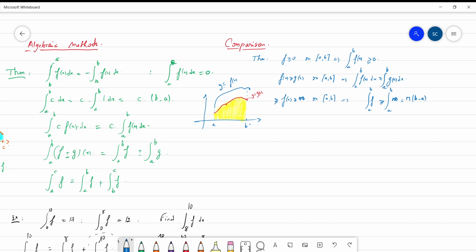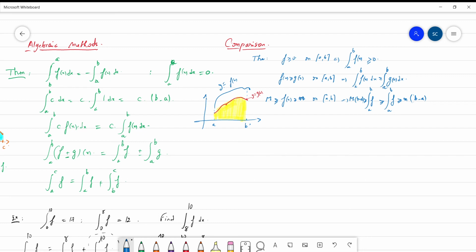If you have an upper bound, capital M, it will be less than capital M times (b minus a). Just correct here, it's small m.